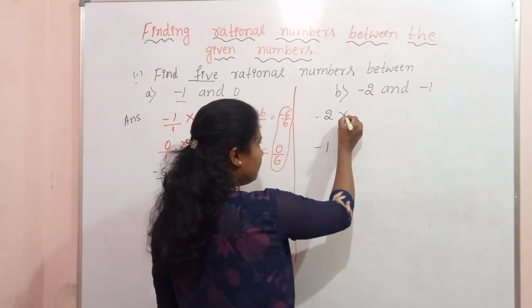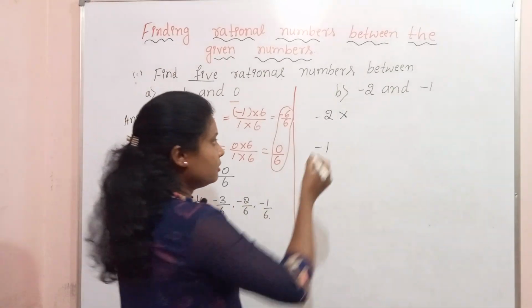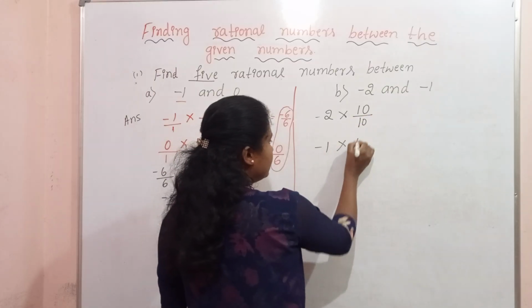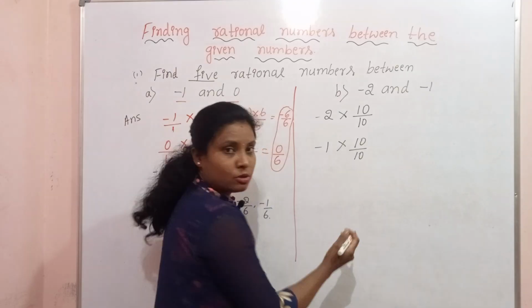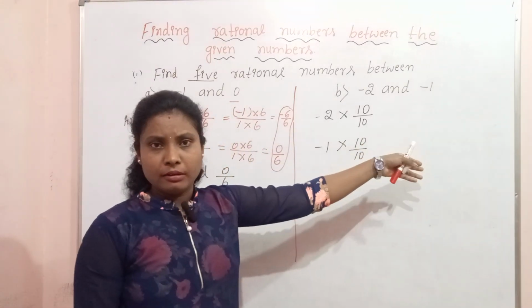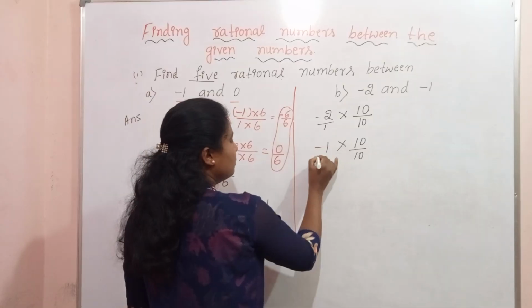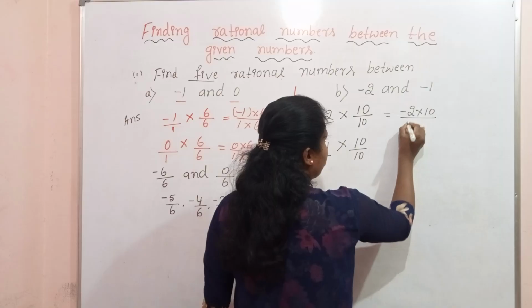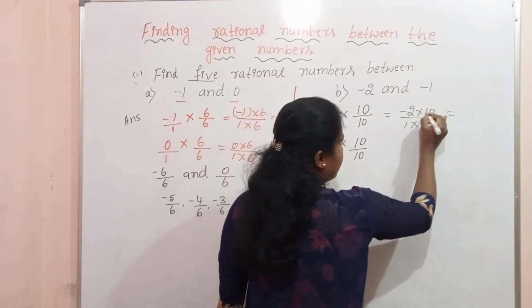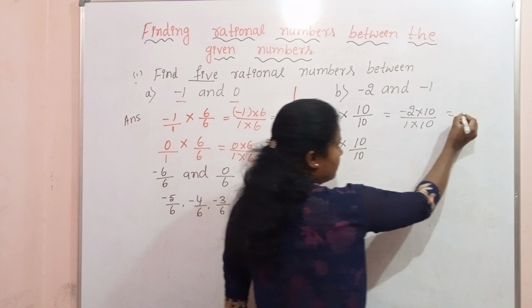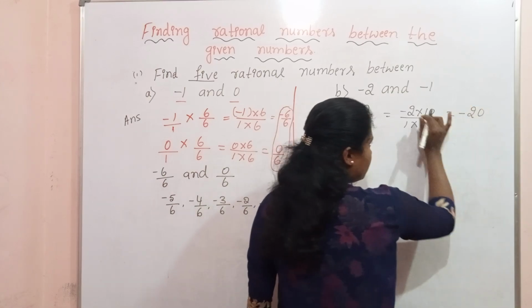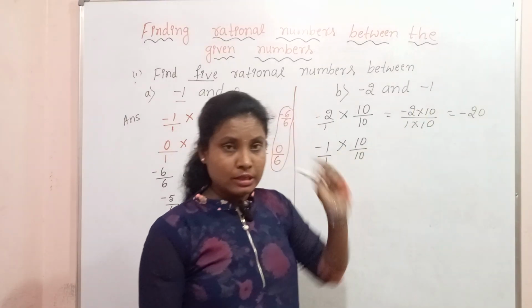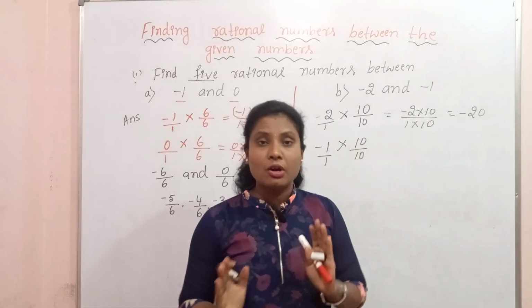Ma'am, I will multiply with other numbers. So you can take 10, 8. We'll take 10. What happens? We'll see. 10 by 10. 10 is more than 5. So now -2 into 10 divided by 1 into 10. Minus into plus, so this is minus. Here 10 has a plus sign, and numbers having a plus sign we are not writing.